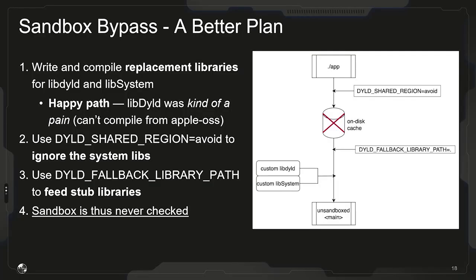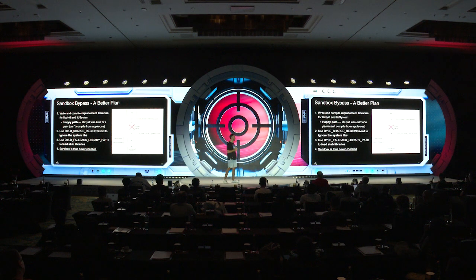Then we run the binary with the two environment variables: DYLD shared region set to avoid loading the on-disk cache, and DYLD fallback library path pointing at where our custom replacement libraries live. This way, DYLD will find the two libraries, but no sandbox will ever be executed.